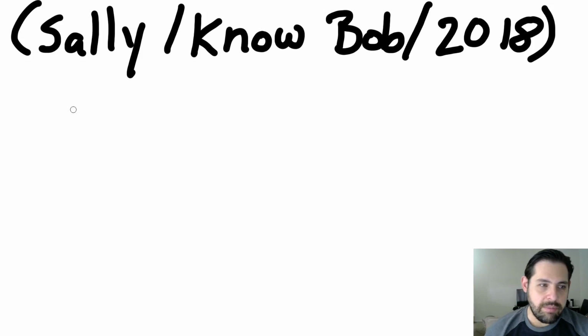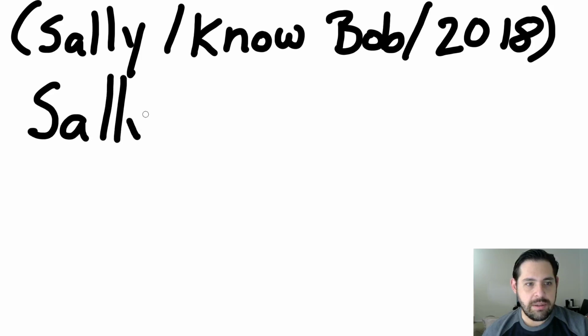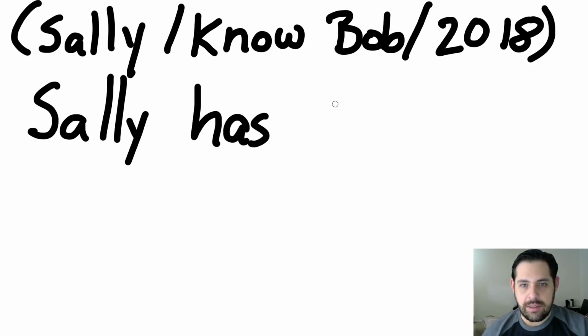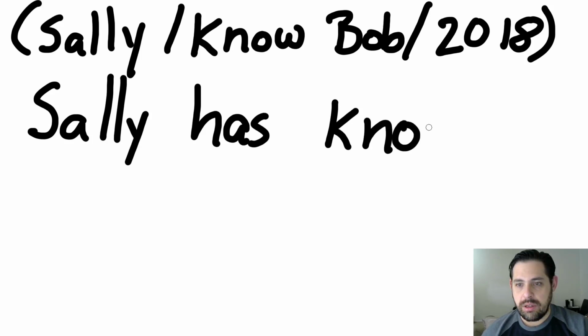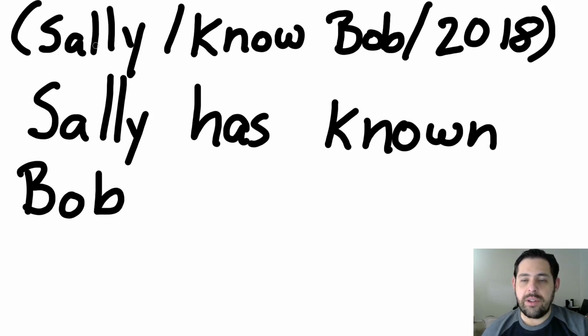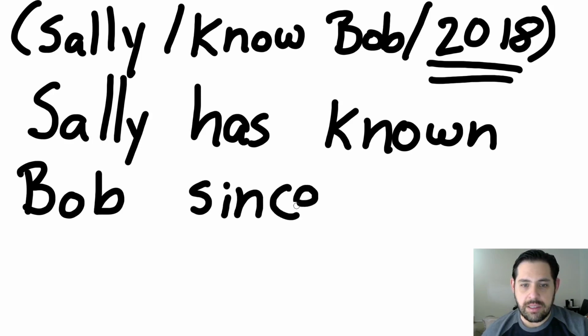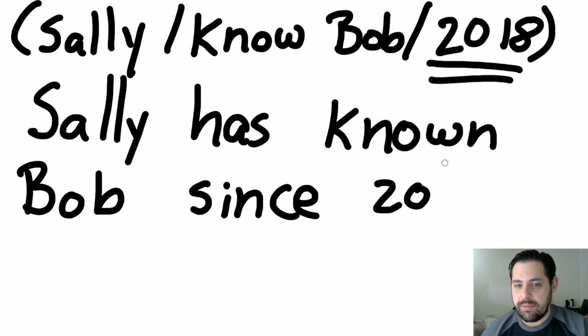Were you able to answer it? Let's see. Sally has known, right? Here's our subject, our present perfect, Bob, our object. So Sally has known Bob. 2018, we're talking about a specific point in time. We're talking about when. So that means we have to use since 2018.